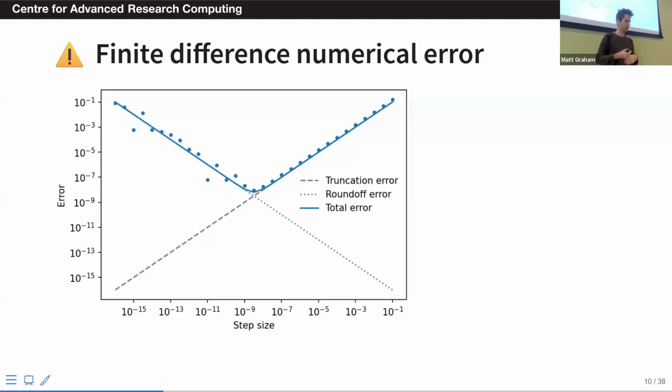So here, 10 to the minus 8 roughly, beyond which, if you push the step size smaller, you'll actually get a poorer approximation. That both limits the approximation error that we can push down to, and also the specific step size you should be using is somewhat dependent on the function you're working on. So it's something you're going to have to tweak carefully to make sure that you don't end up in that catastrophic round-off error regime.